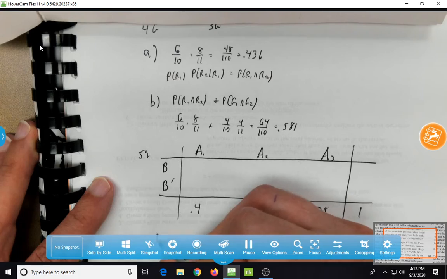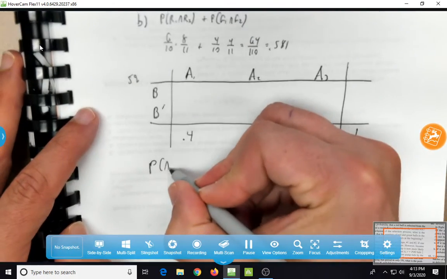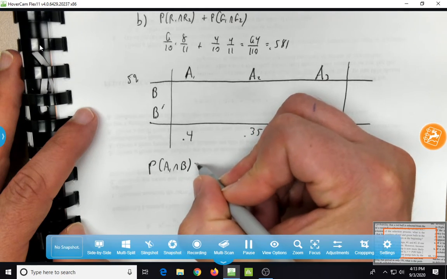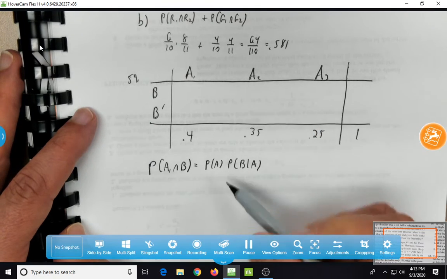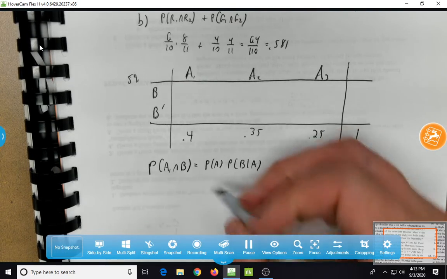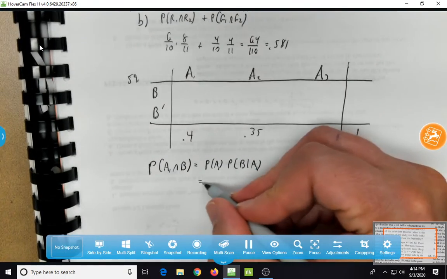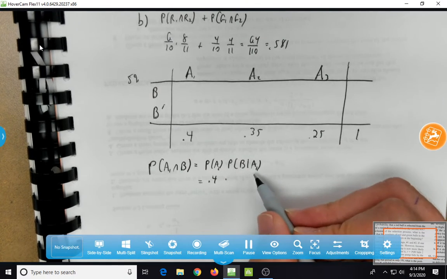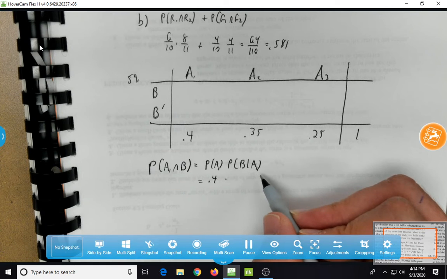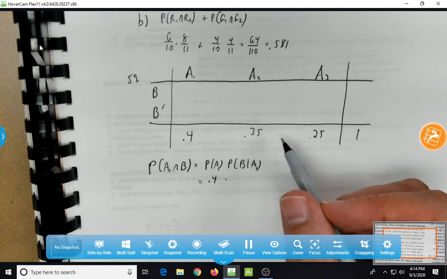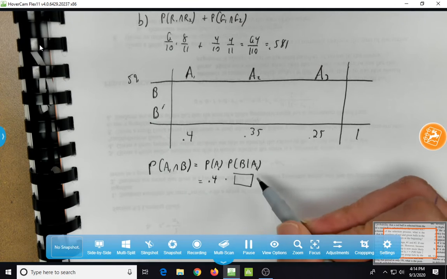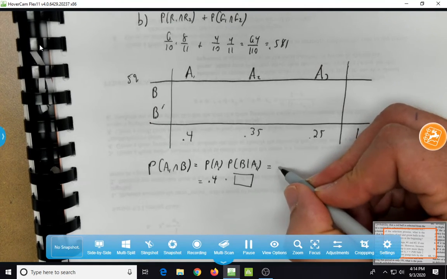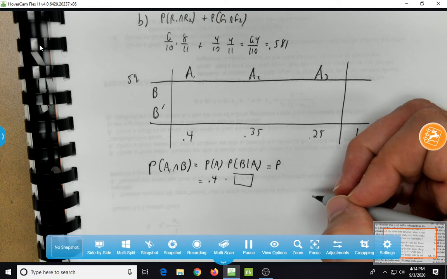What I want to know is the probability of A1 intersect B. Well, I know the probability of A1 is 0.4, and all I need to figure out is the probability of B given A1.